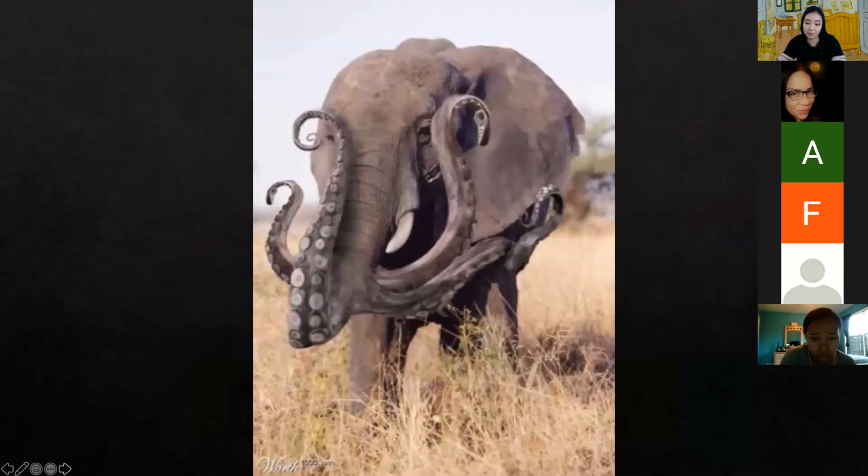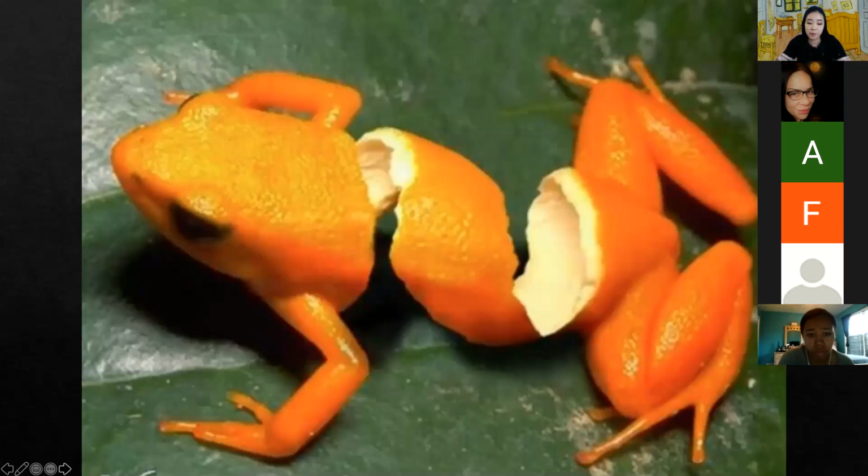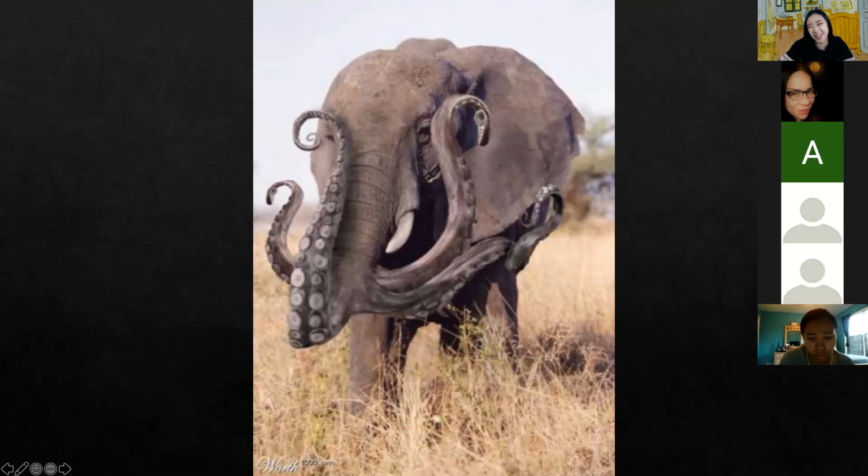Like this. It's a morphing of an elephant and an octopus. Is it real? No, it's not real. It's like a photo montage technique, the morphing technique.